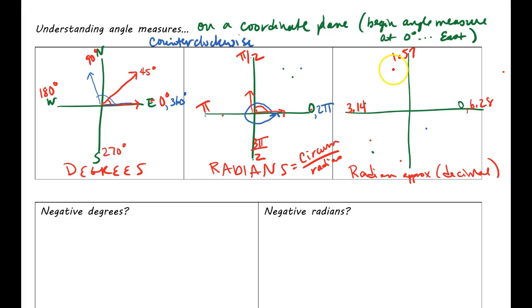So I guess I need to add a 1.57 to that, which would be 4.71, something like that. Okay, so this is an approximation of radians, but as a decimal.